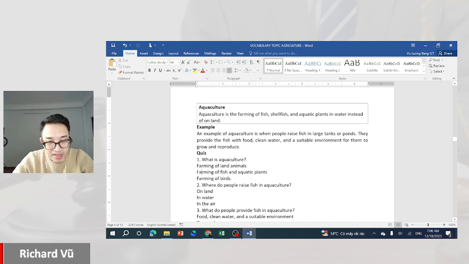Farming a bird, isn't it? Which one is the correct answer? The quick answer is farming of fish and aquatic plants. We have evidence for this question here: farming of fish, shellfish, and aquatic plants.